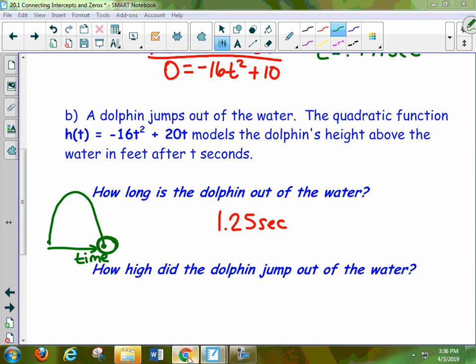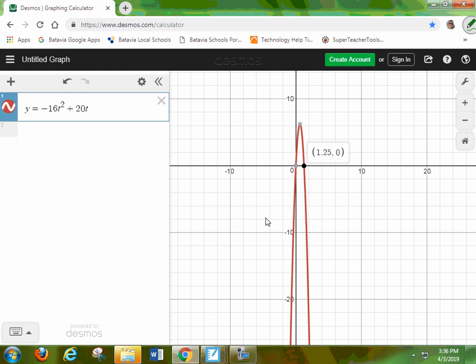This is realizing that when I go back and look at my graph, the height, here's 0, 0. So he's still in the water. You have to pretend that this is my water right here. So if this is my water, where am I going to find the height of the dolphin? I'm going to find the height of the dolphin up here at the vertex.